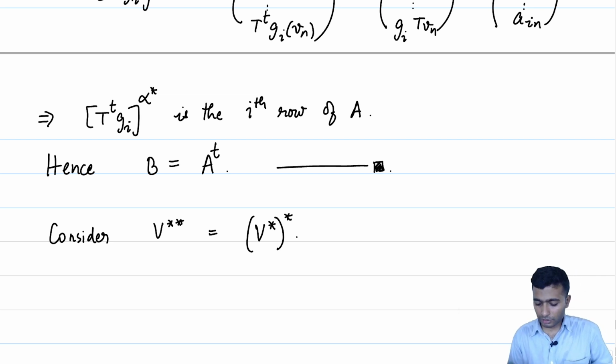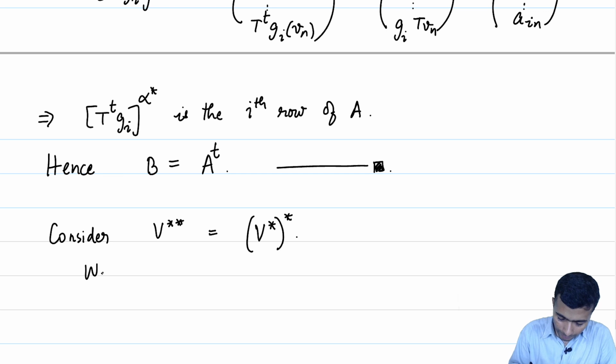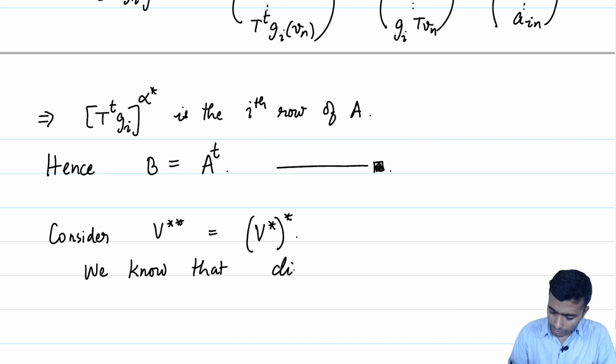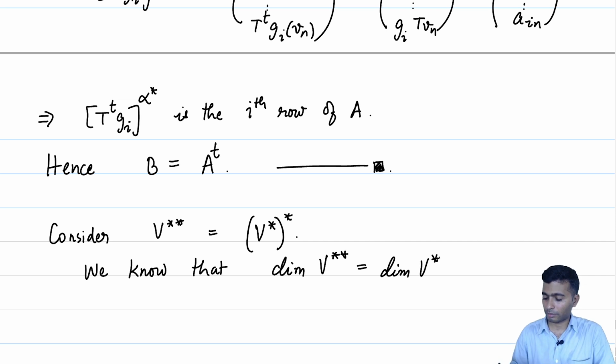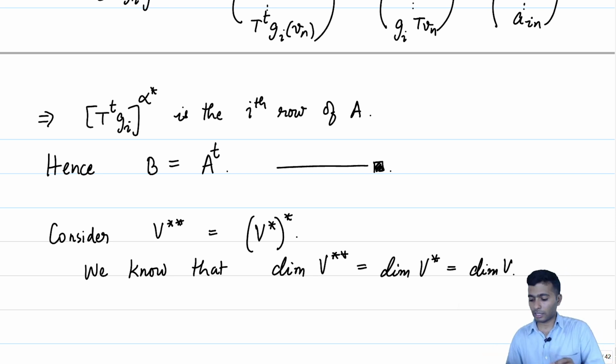So, we know that the dimension of V star is n and the dimension of the dual of V star will also be n. So, we know that the dimension of V star star is equal to the dimension of V star by what we have done, and this is nothing but the dimension of V. Hence, we know that V star star and V are isomorphic to each other.